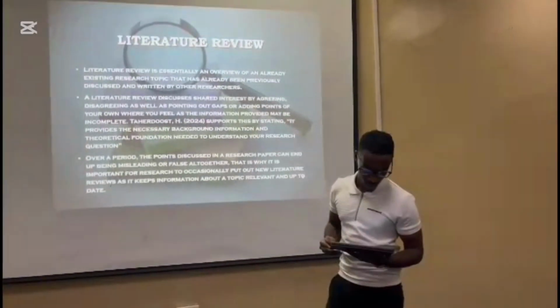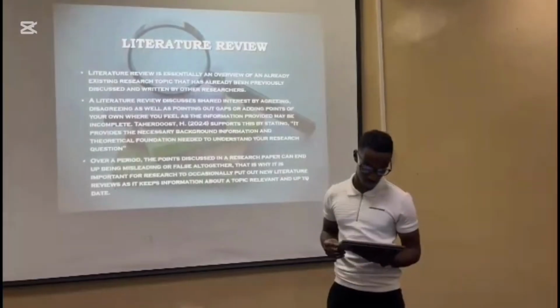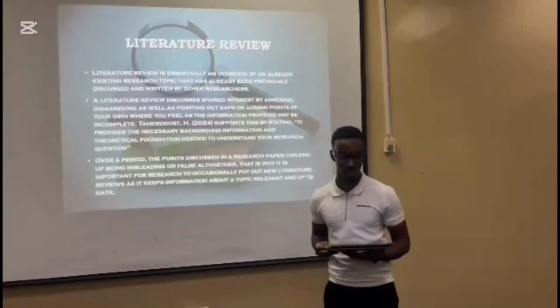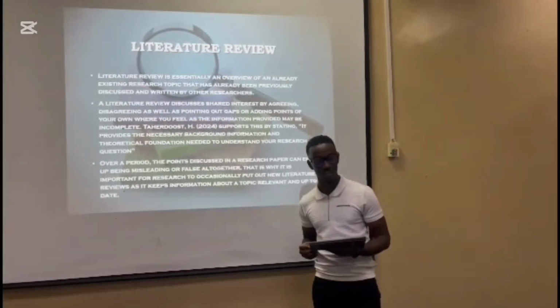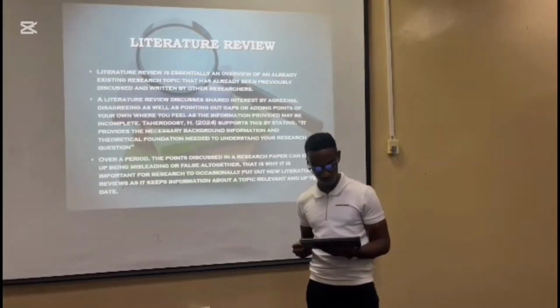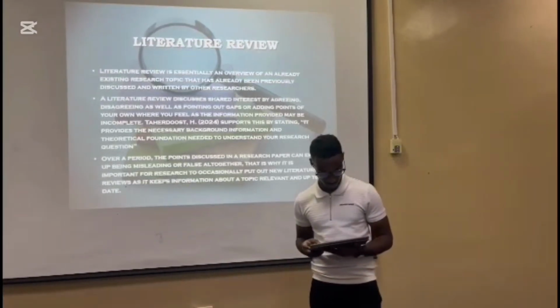Literature review. Literature review is essentially an overview of an already existing topic that has already been previously discussed and written by other researchers. A literature review discusses shared interest by agreeing, disagreeing, as well as pointing out gaps or adding points of your own where you feel the information provided may be incomplete.